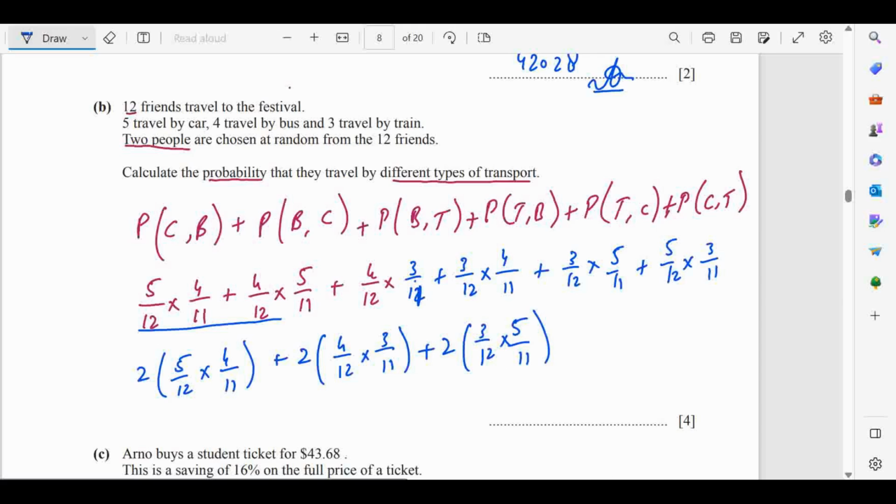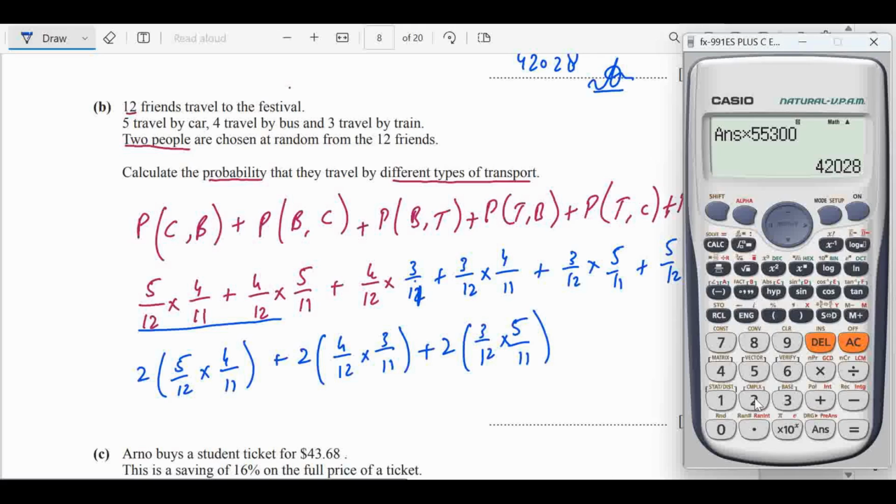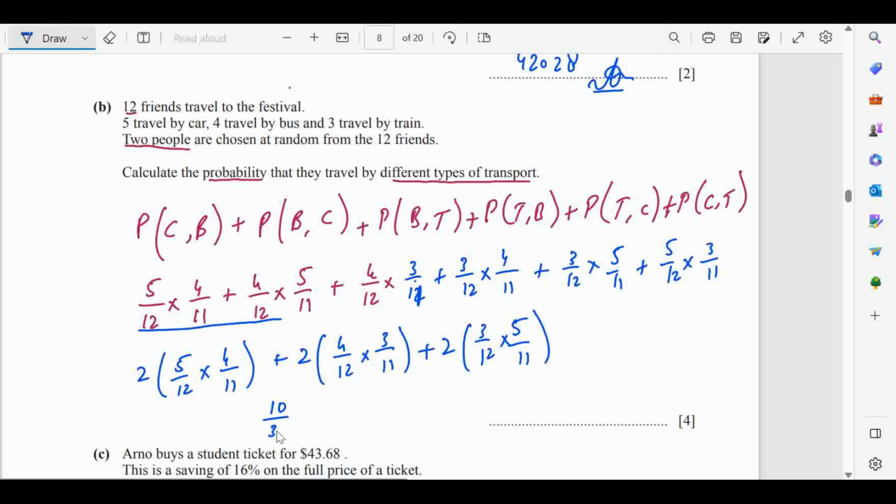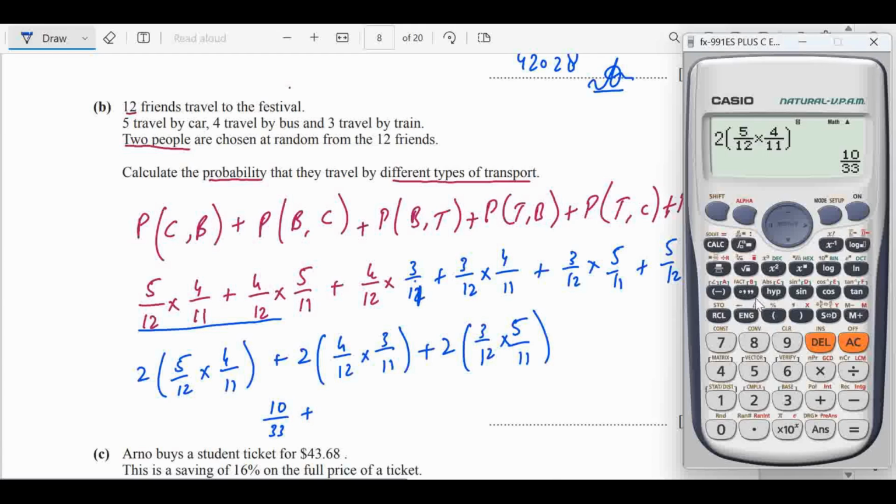Now let's use the calculator. So 2 into 5 by 12 multiply by 4 by 11. So this will be equal to 10 by 33, plus, let's find out the other one.